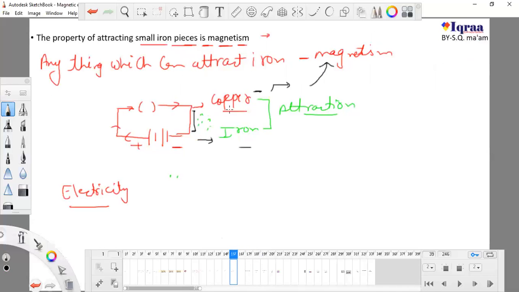Our normal copper wire, when we pass electricity through it, can also attract iron. So definitely it is getting a capacity known as magnetism to attract iron. This is something artificial, yes, but definitely it is also known as magnetism.